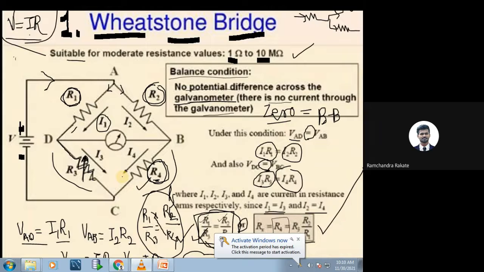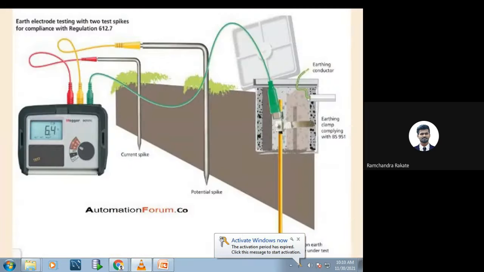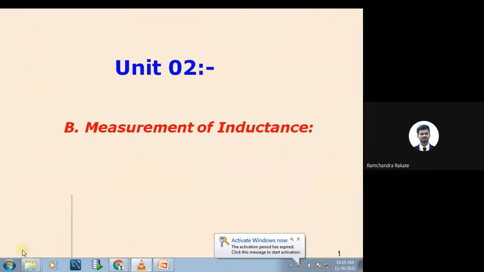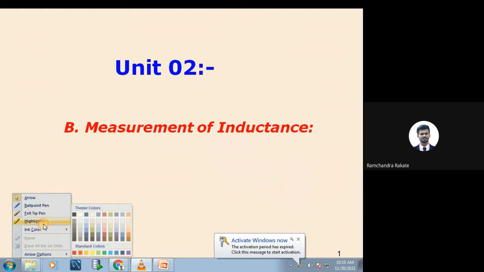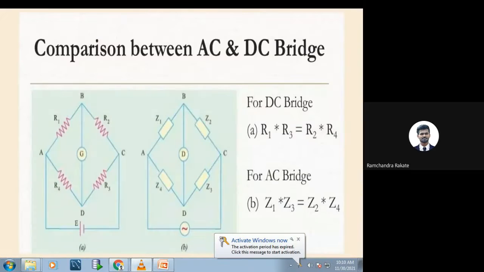Okay. So we are on unit number 2, section B, which is the measurement of inductance as well as capacitance. Already we have discussed the basic difference between AC and DC bridges.